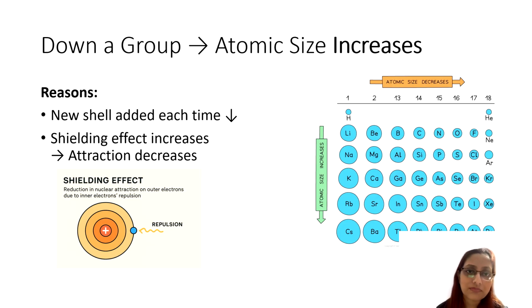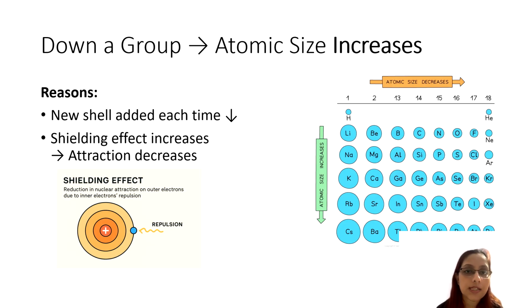So it's kind of a repulsion. Inner electrons repel the outer electrons, reducing the effective nuclear attraction felt by them. This weaker pull allows the outermost electrons to spread out more, making the atoms larger.